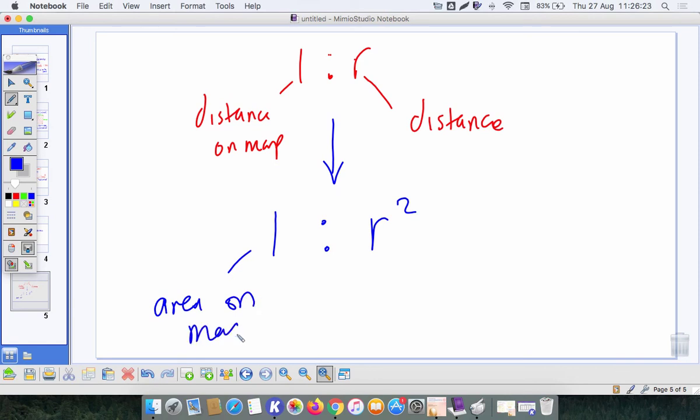This would be area on map, and this would be area on ground. That is the relationship between a map scale given in distance and areas, if you want to change that map scale to show areas.